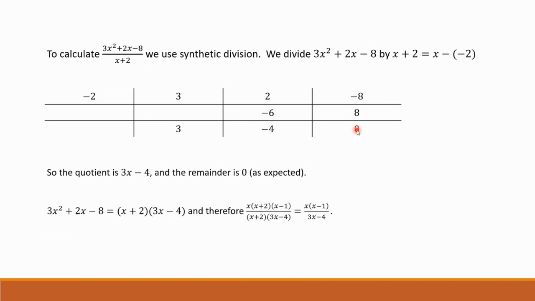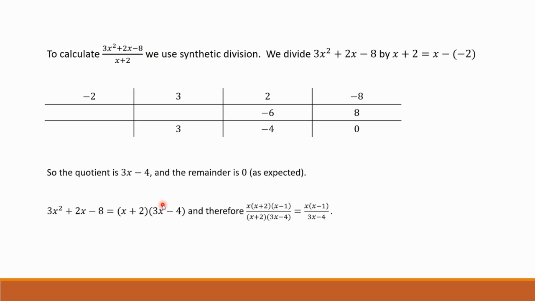So again, this really is what we expected, because we knew x plus 2 is a factor of this. So we expected the remainder to be 0. Okay. So from here, 3x minus 4, that's our quotient. Our remainder is 0. So when we divide, we get 3x minus 4.